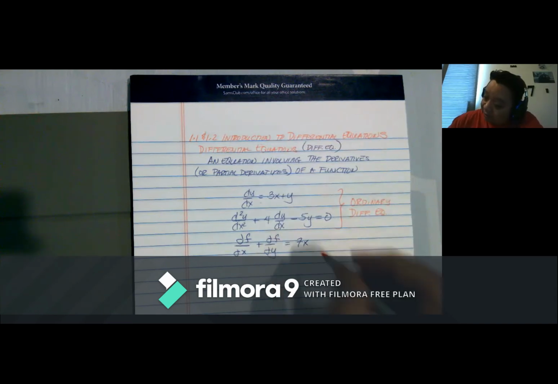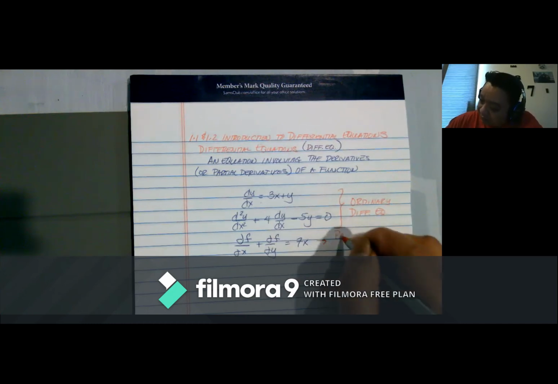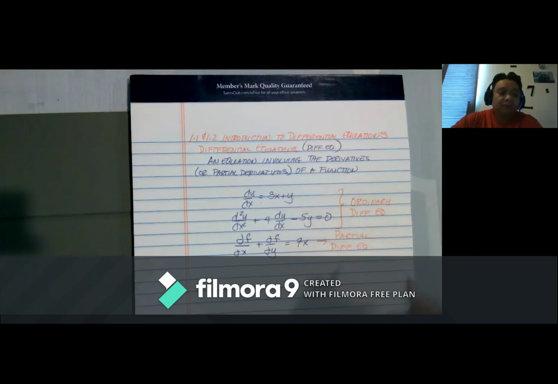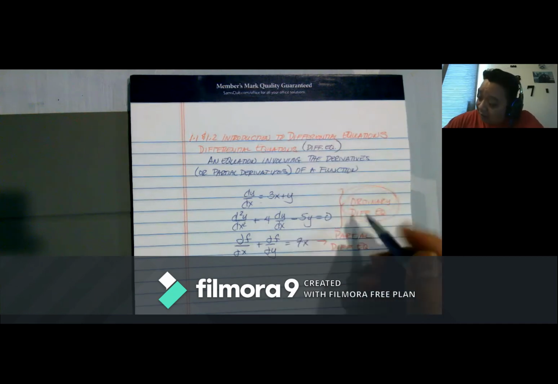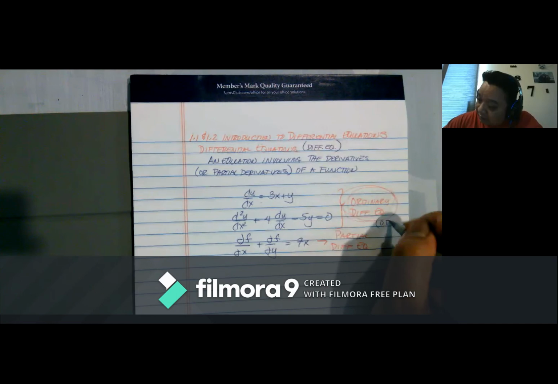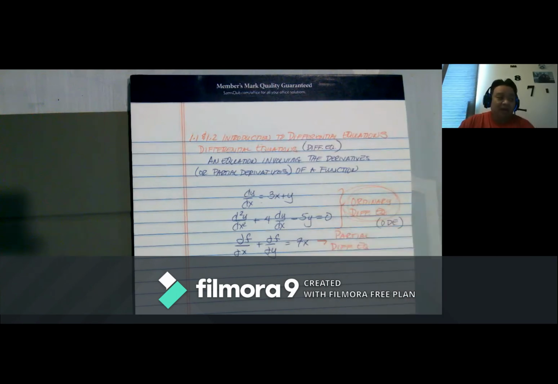So this one right here is called a partial differential equation. Now, as far as what our class is concerned, we're only gonna deal with this one. Okay. Now, for short, by the way, we call this ODE. Right. So ordinary differential equations. Okay. Questions?